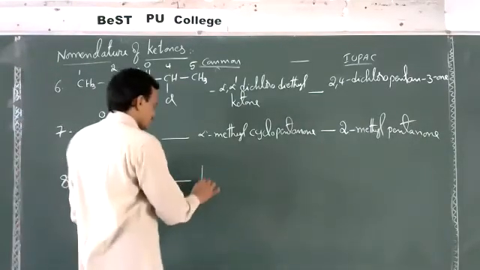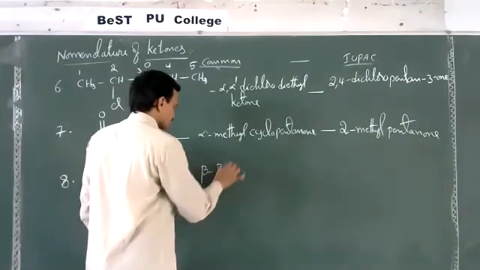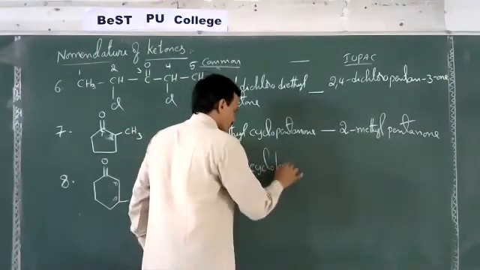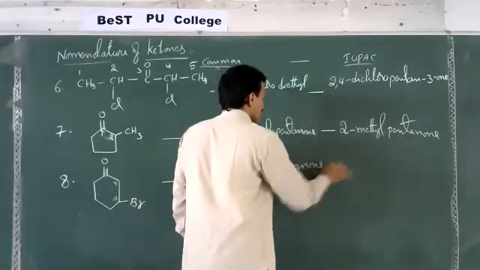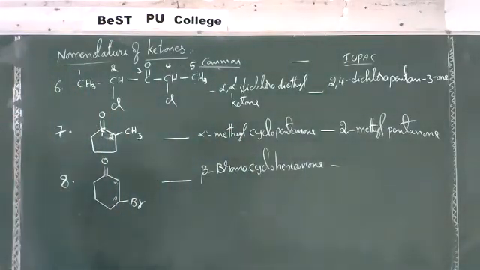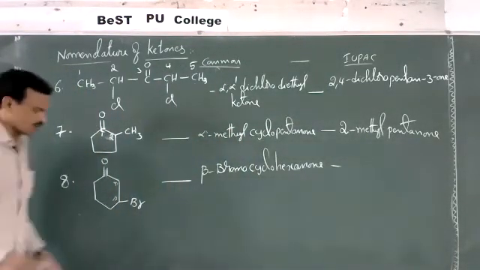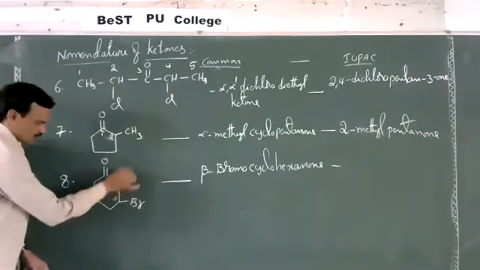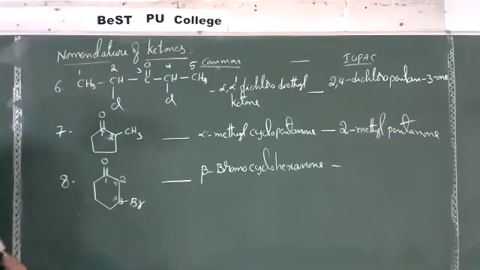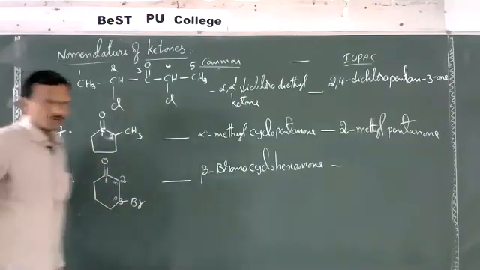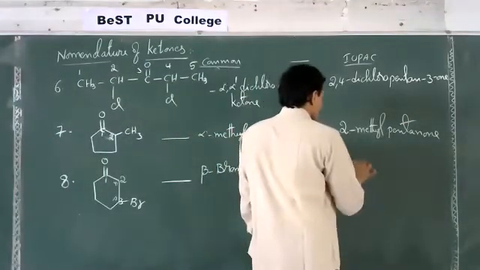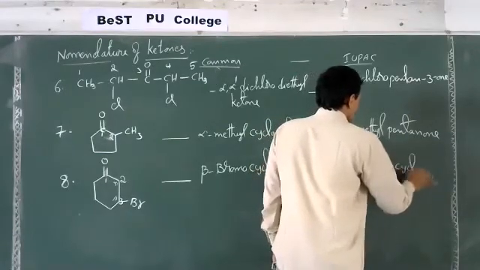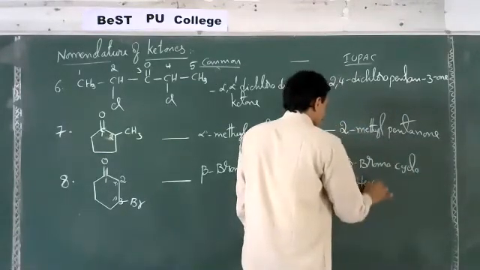So we'll write the name as beta bromo cyclohexanone. Beta bromo cyclohexanone. Now as per IUPAC nomenclature, if you give numbering here, this is first carbon, this will be the second carbon and this will be the third carbon. So 3-bromocyclohexanone. So IUPAC name is 3-bromocyclohexanone.